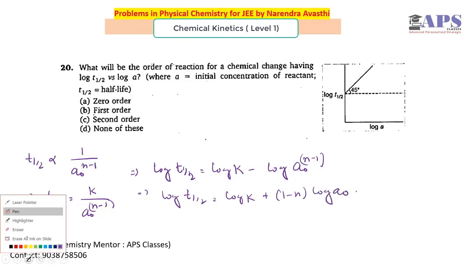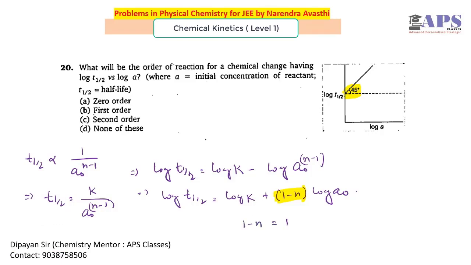So the slope of the graph is 1 minus n, and from this we can say that the slope of the graph is 1. Hence 1 minus n equal to 1, that represents n value will be 0. So it is a zero order reaction.